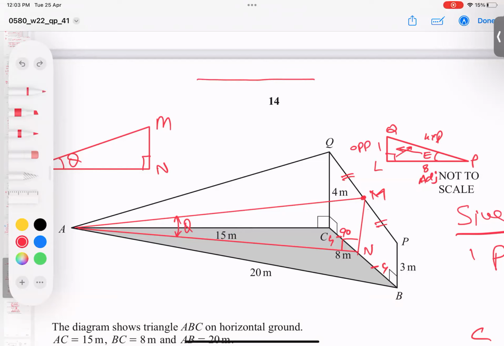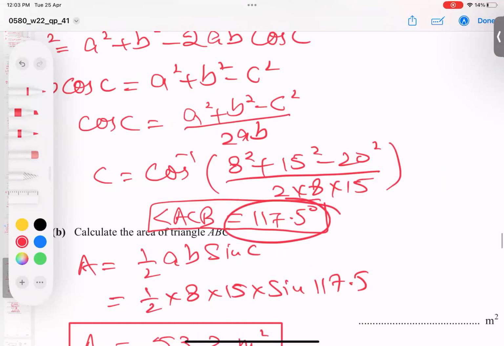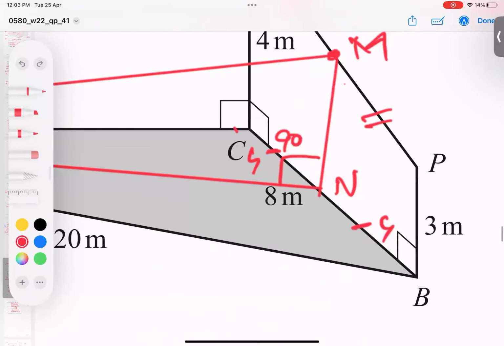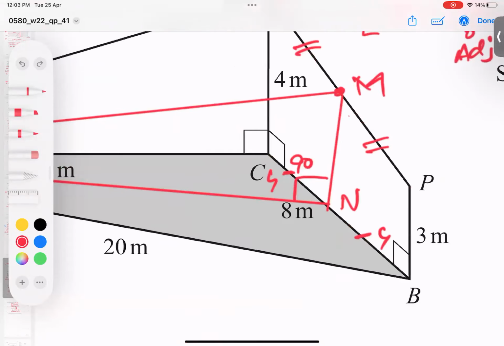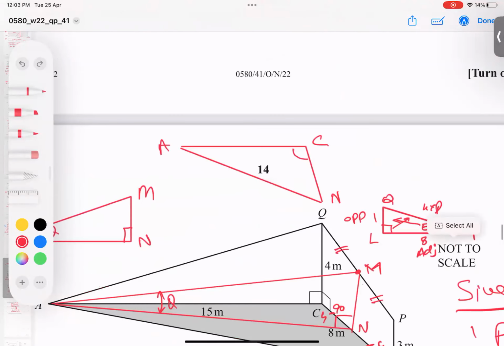So this length, then this length, then this. This letter is A, this letter C, and this letter is N, and this angle, I just found here, 117.5. Which one? This one, this angle. 117.5.